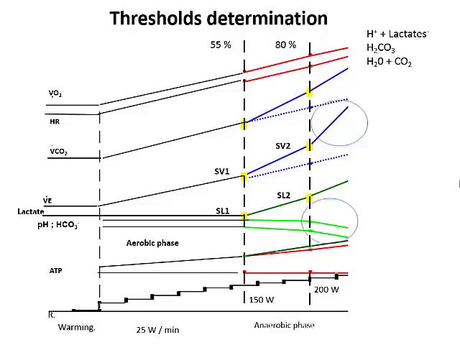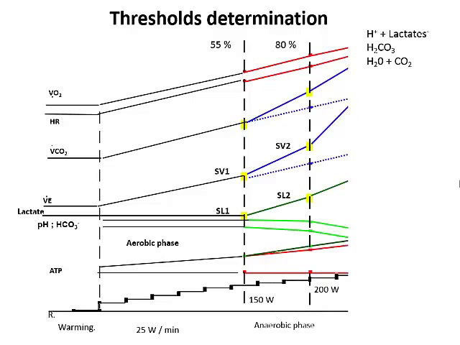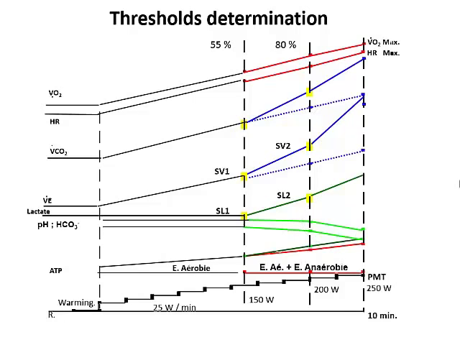For sport cardiology, it's very interesting because the patient often asks, what is my training level? Well, you say you can train between this and this. If you are an athlete, you can train at this level. If you are a patient, we propose cardiac rehabilitation at this level of exercise. So clearly, you have very interesting metabolic parameters to guide the exercise or the training program in this patient.